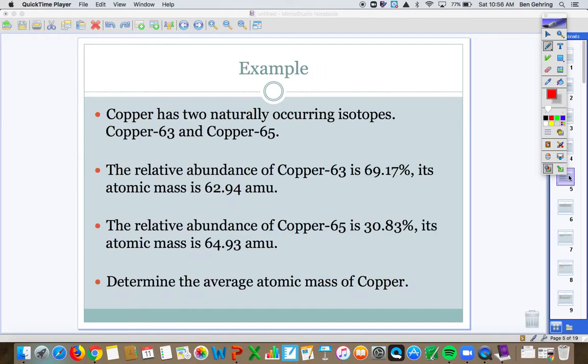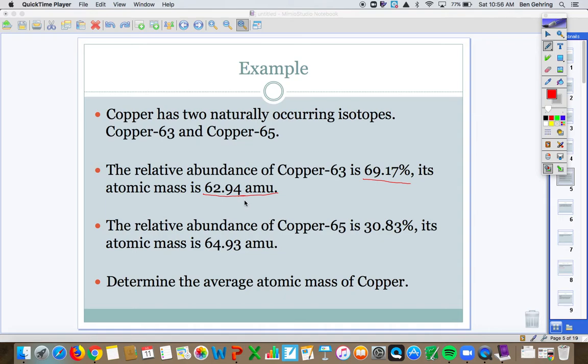We're going to look at copper to start with. Copper has two naturally occurring isotopes: copper 63 and copper 65. Copper 63 has a percent abundance of 69.17%, and the mass of copper 63 is rounded up from 62.94 AMUs.